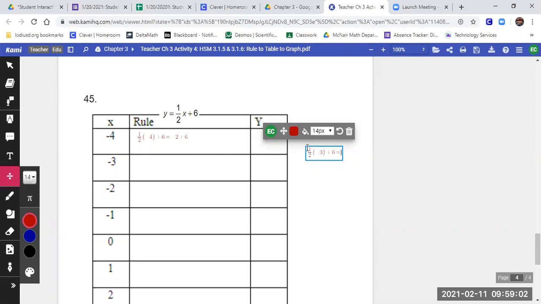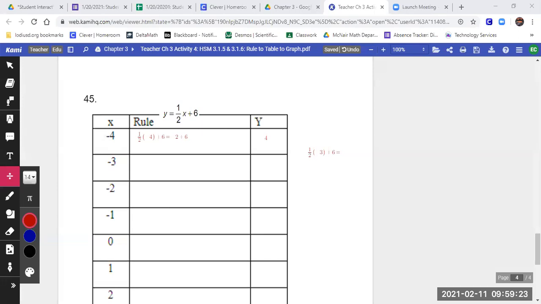Use your calculators, guys. Come on, stop wasting our time. What's half of -3? No, it's not 3.